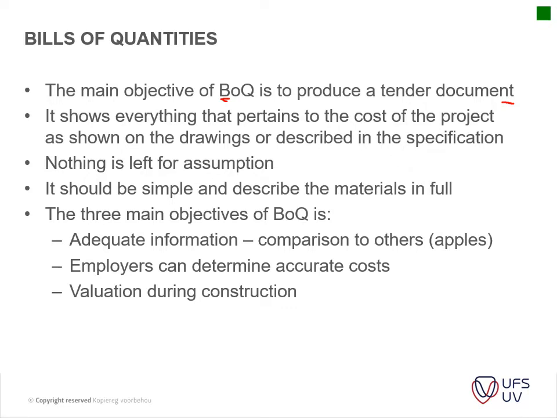For instance, it usually starts with your preliminaries and general, and then it has your earthworks, and then it has your concrete, masonry, waterproofing, and then it's divided into your roof coverings, and then you've got your structural steel, carpentry and joinery, etc., etc. So it just divides your project into different trades to assist in the procurement process.